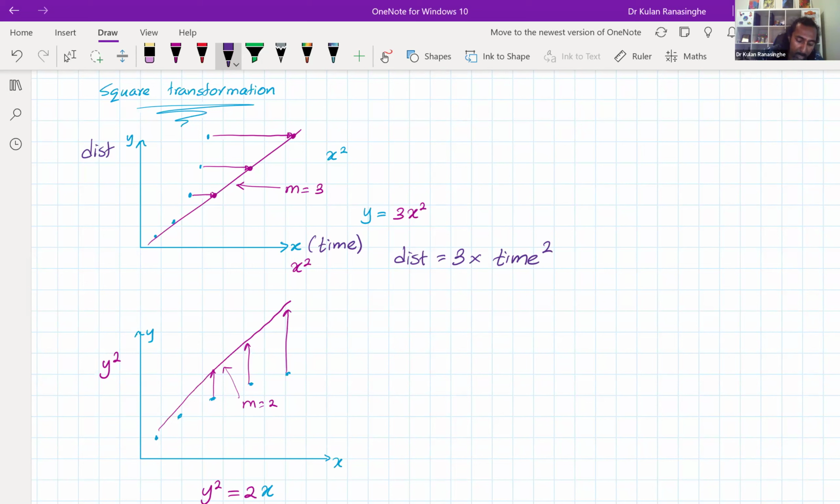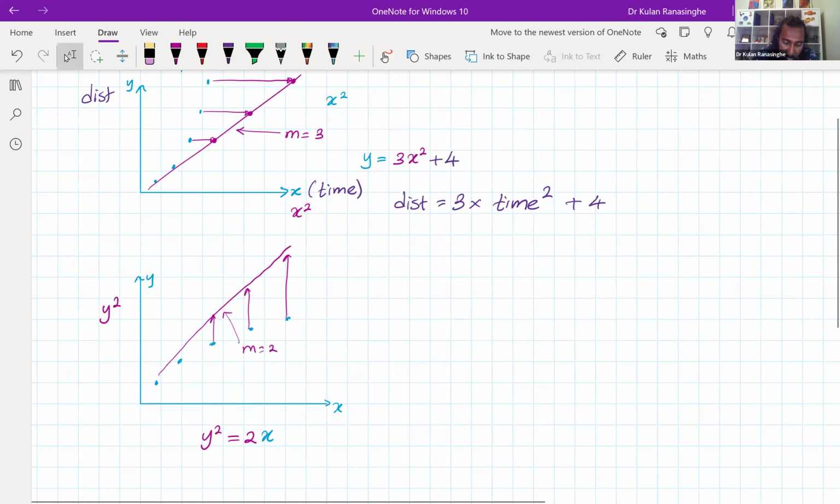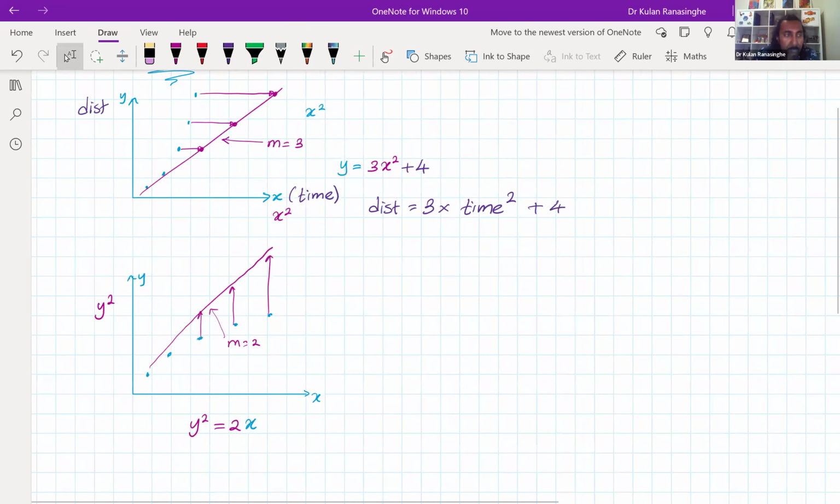And then obviously I might have another component, let's say an intercept, y-intercept. It could be distance or height or a different variable. Copy that, please.